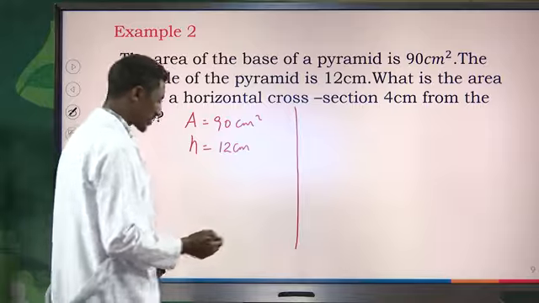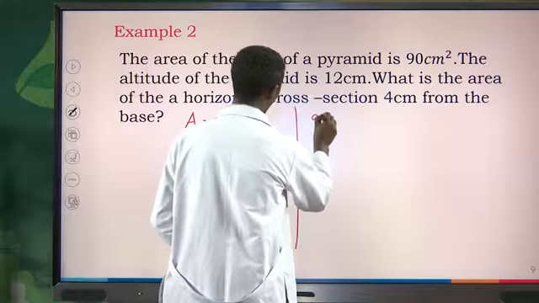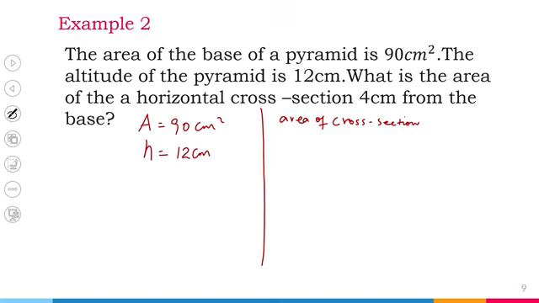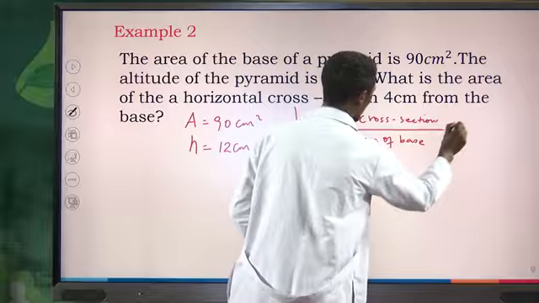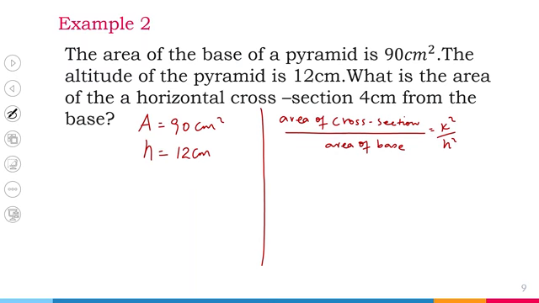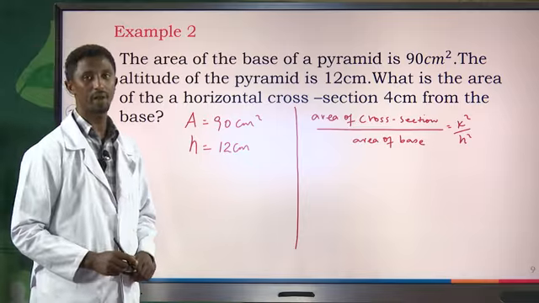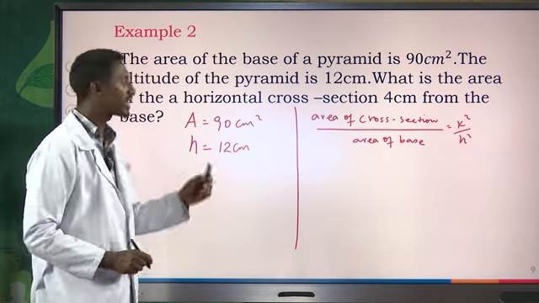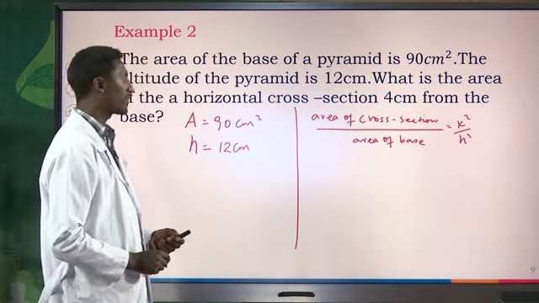So we have seen this relationship: the area of cross-section to the area of base equals k square over h square. What are these k and h? K is the distance of the cross-section from the vertex of the pyramid, and h is the height of the pyramid.